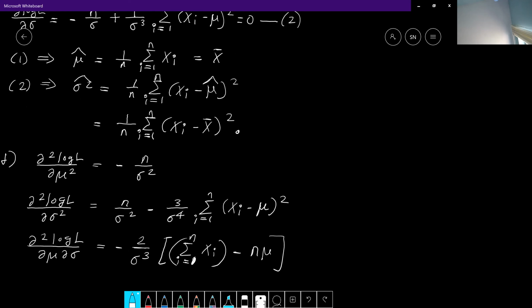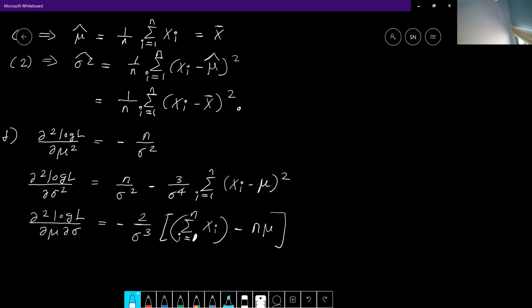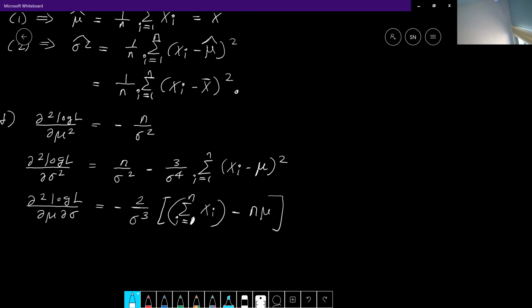Now, before we go further, before we check the two conditions, we need to work out these partial derivatives at the estimate for mu and the estimate for sigma. So it follows from this that the value of this at mu equal to mu hat is simply the same thing, because it's not going to change.